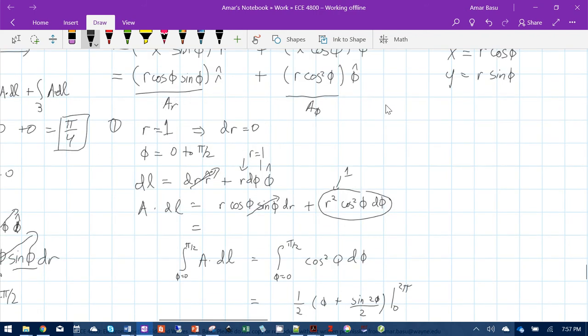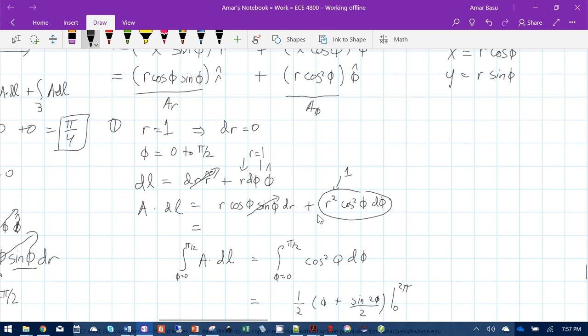This is our vector field, A dotted with dl. You multiply the r components together, and so you get r cosine of phi, sine of phi, dr. And remember, dr is equal to 0, so this goes to 0, plus the phi terms. So this is your phi hat term, r cosine squared of phi.